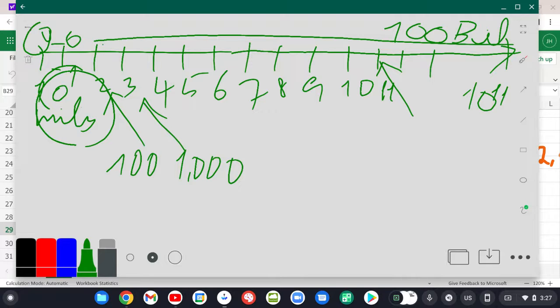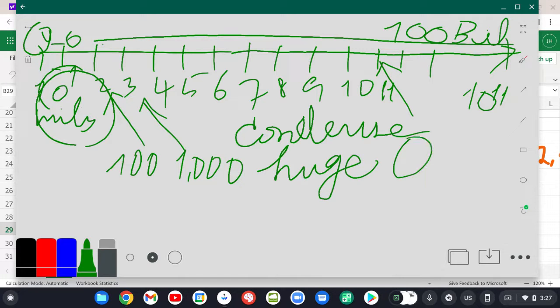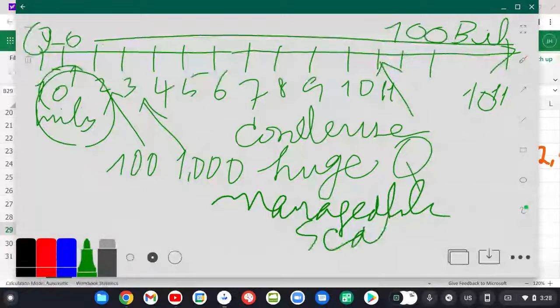Logarithm allows us to condense a huge quantity, or make it compact, into a manageable scale. So that's what the log does.